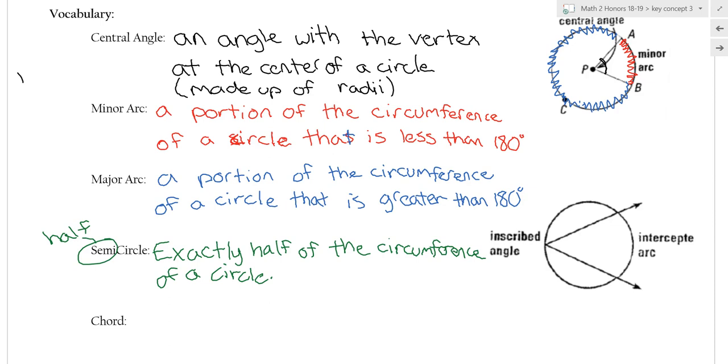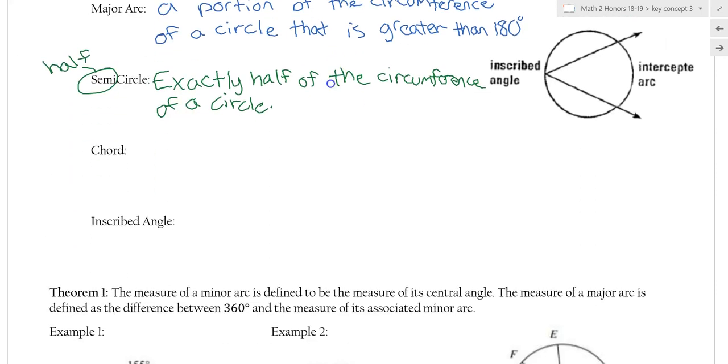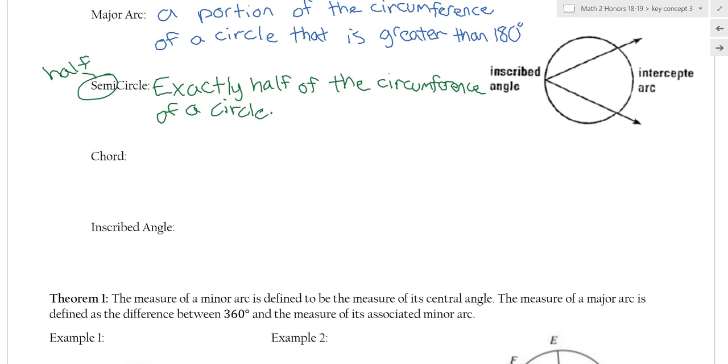Okay. Alright. Then we're going to look at chords and inscribed angles. Those are kind of the new things. A chord is a line, or a segment, really, we should say, connecting any 2 points on a circle.